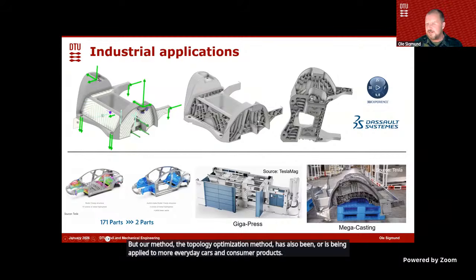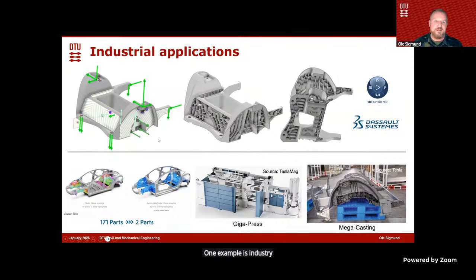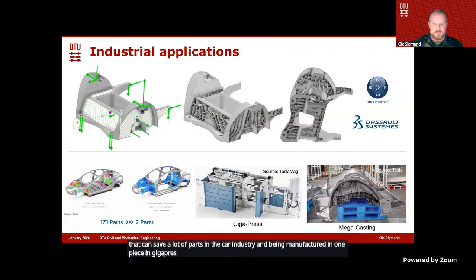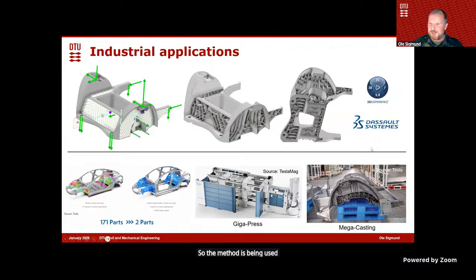One example is industry providing software for designing mega castings that can save a lot of parts in the car industry and being manufactured in one piece in gigapresses and stuff like that. So the method is being used everywhere for small products and larger products out there.